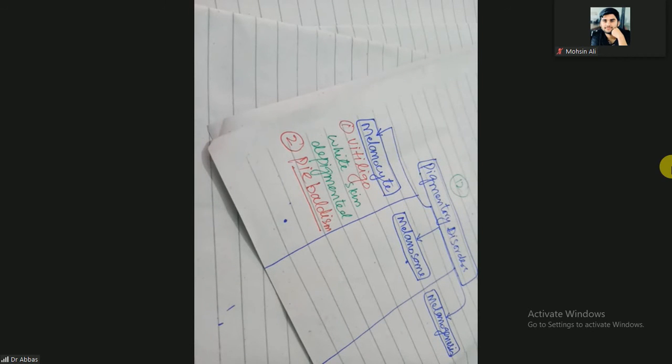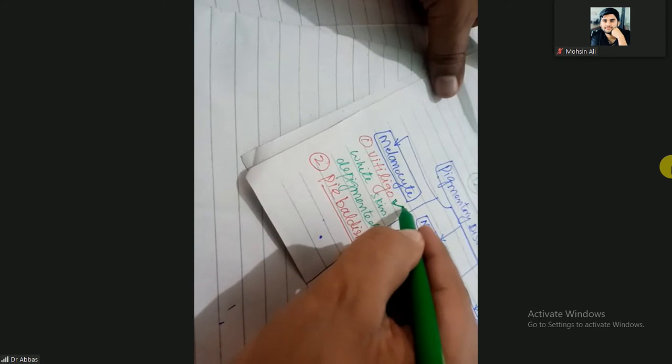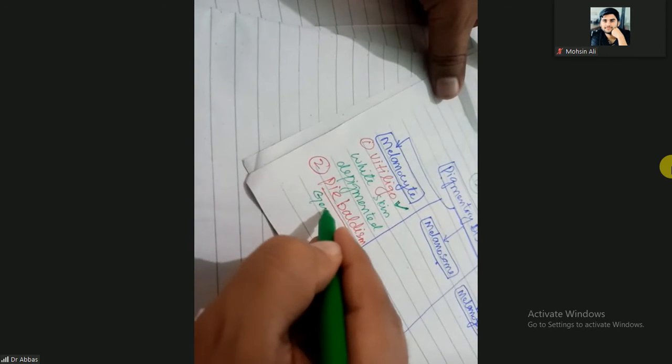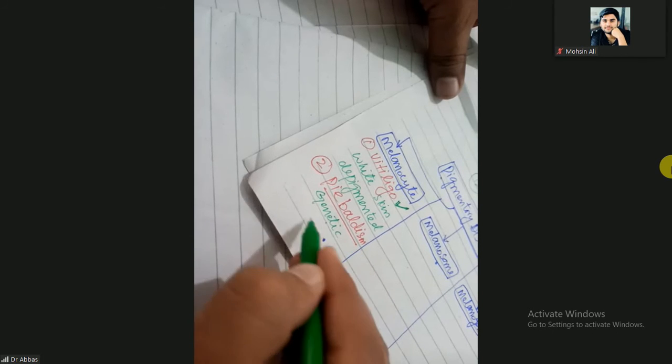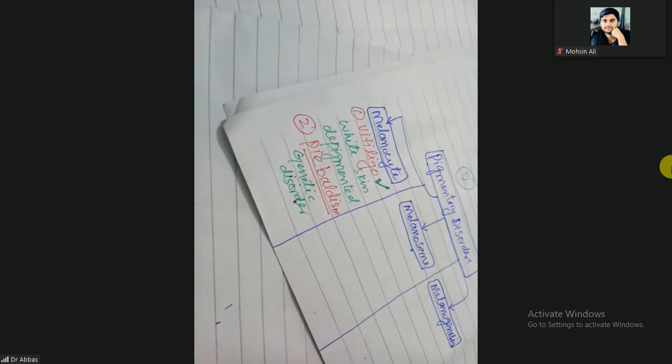Vitiligo is an autoimmune disease, while this one is a genetic disorder. Piebaldism is a genetic disorder in which there is an absence of the melanocyte.